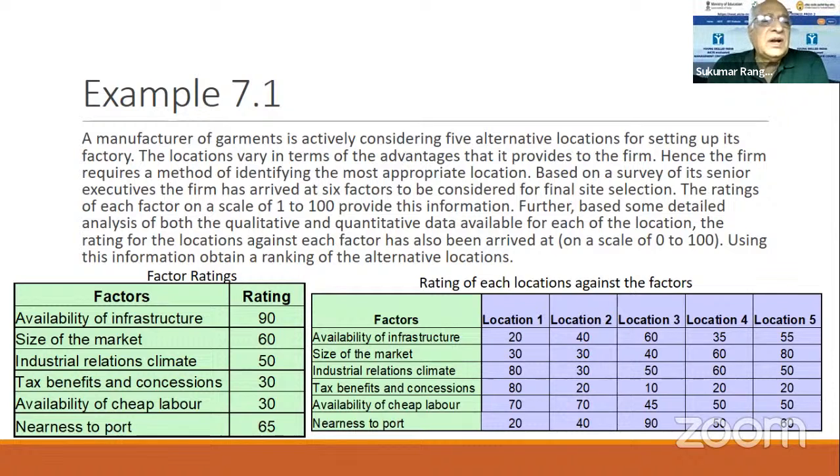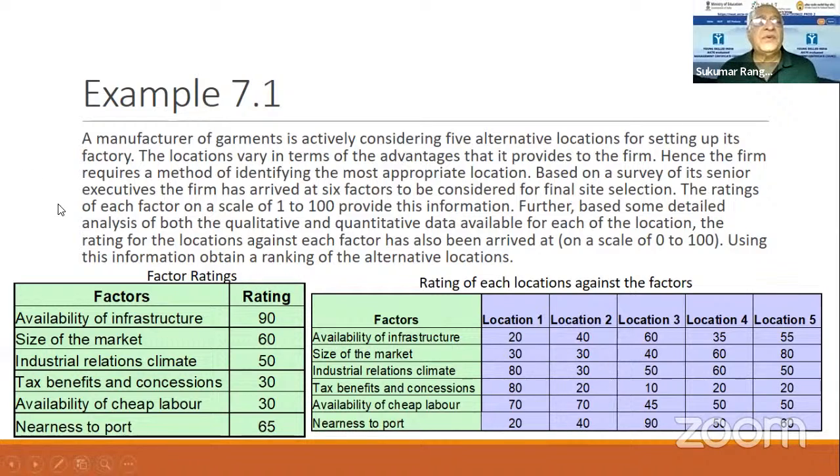A manufacturer of garments is actively considering 5 alternate locations for setting up his factory. The locations vary in terms of the advantages that they provide to the firm. Hence, the firm requires a method of identifying the most appropriate location. Based on a survey of its senior executives, the firm has arrived at 6 factors to be considered for final site selection.